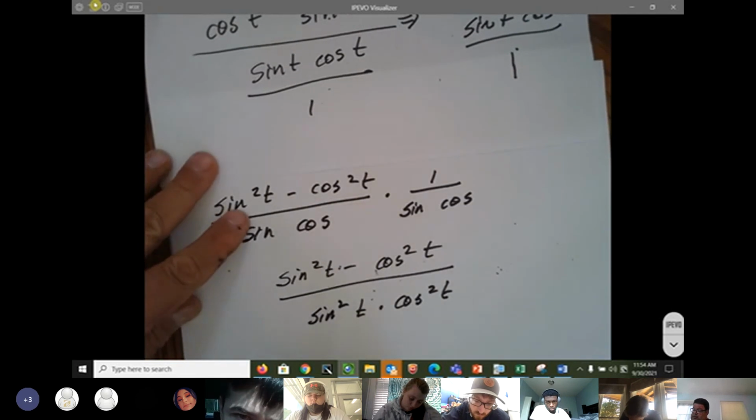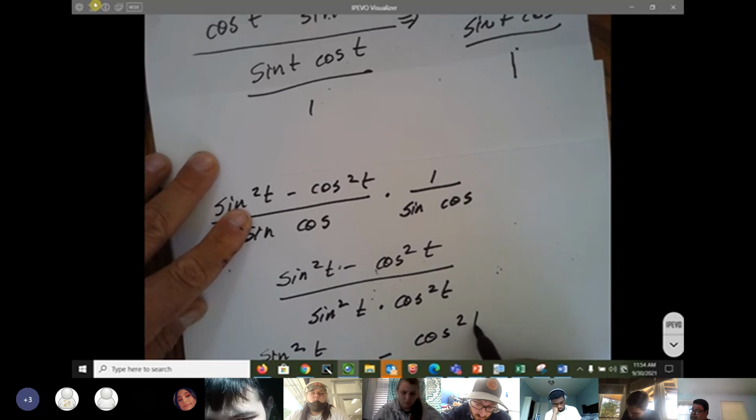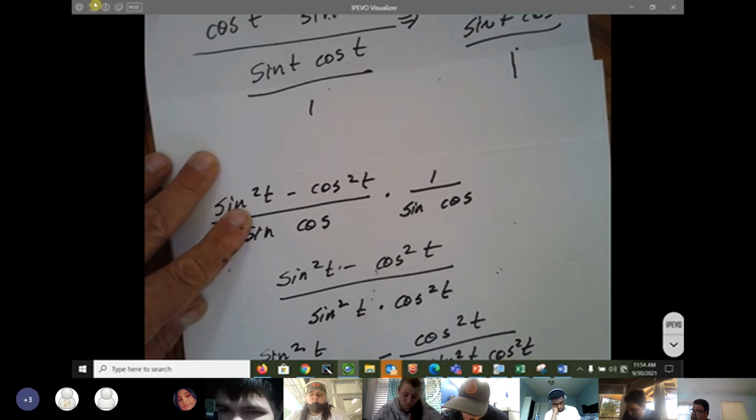And this is going to be sine squared t over sine squared t cosine squared t minus cosine squared t over sine squared t cosine squared t.